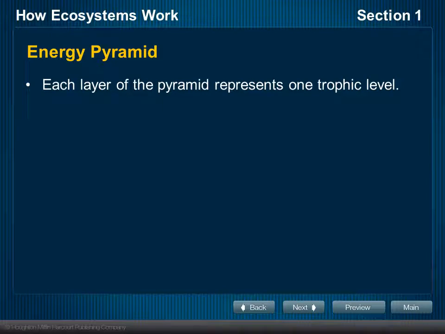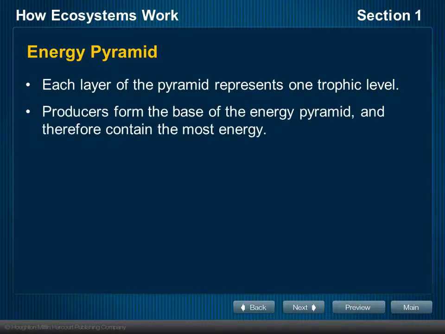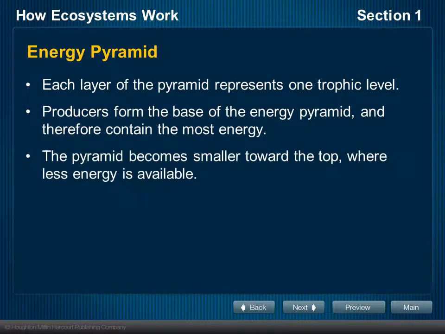So again, as we look at this energy pyramid, we see that each layer represents one trophic level. With an energy pyramid, producers are always at the base, and therefore the most energy is available at the base. As you go up, it gets smaller toward the top. Because less energy is available at the top, there are going to be fewer organisms of those apex species at the top, because there's less energy available to support them.